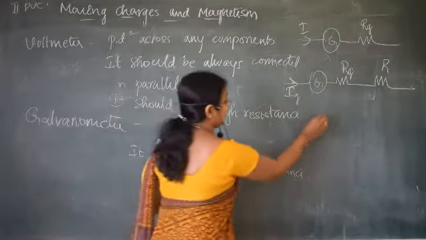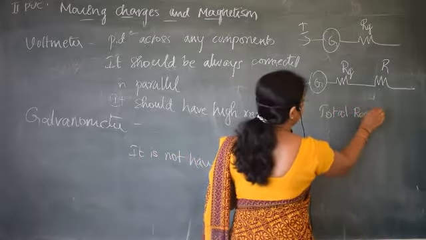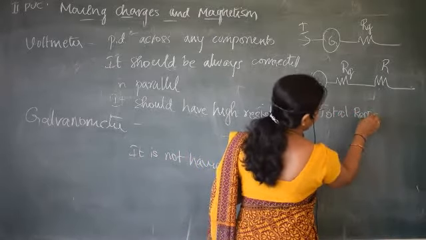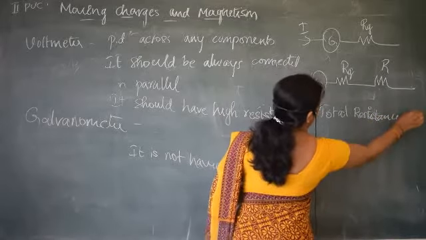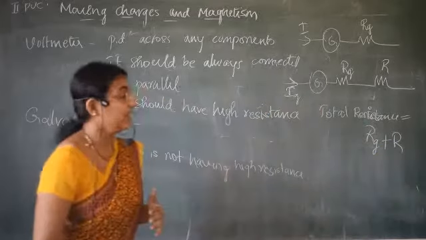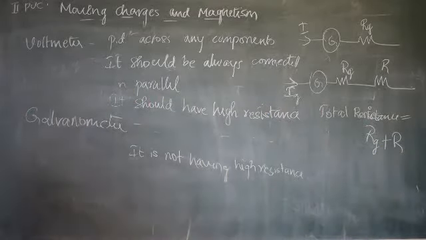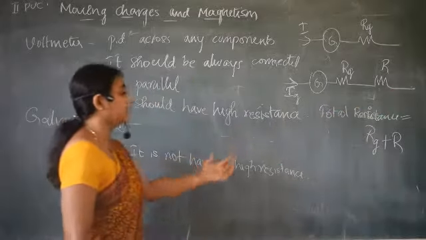So what about the total resistance now for the galvanometer? The total resistance is Rg plus R. Therefore the high resistance should be connected in series with the galvanometer.